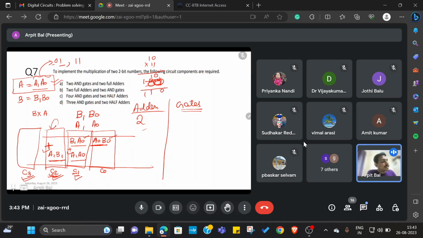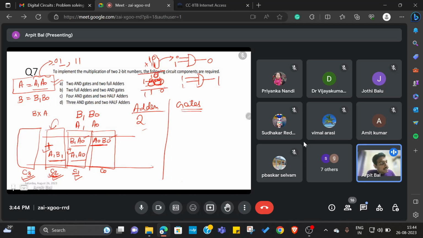How did this one become 0? We multiplied this with this. Here you can observe this is basically doing an AND operation, right? One of the inputs is 0, another input is 1, so this is 0. Similarly, how we did 1 1, it's the same thing, an AND operation, right? So basically 1-bit multiplication is taking the AND of those two inputs.